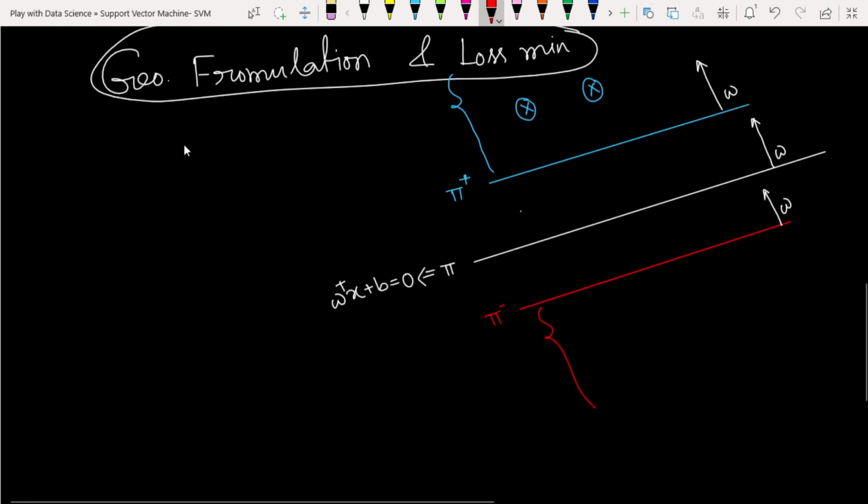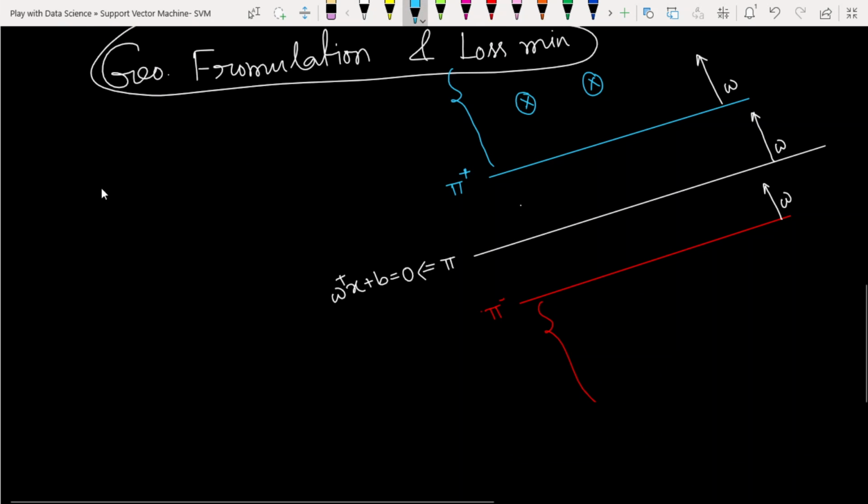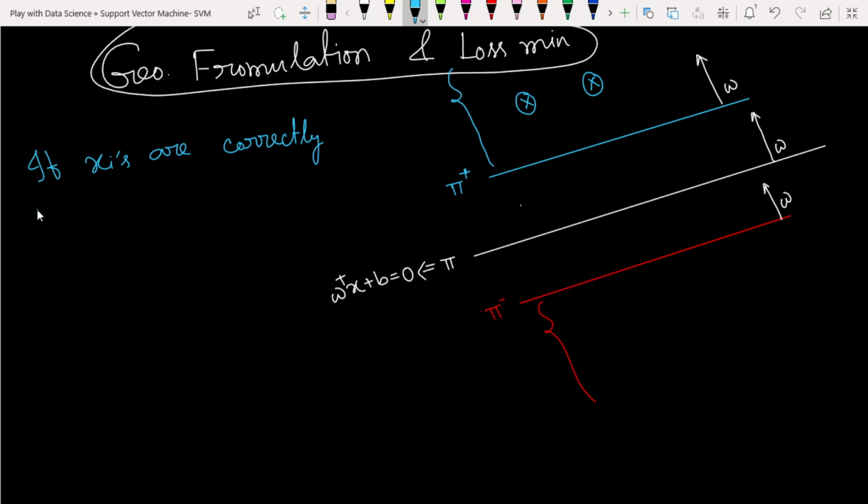So just write down this thing. If xi's are correctly classified, then what will be the value?